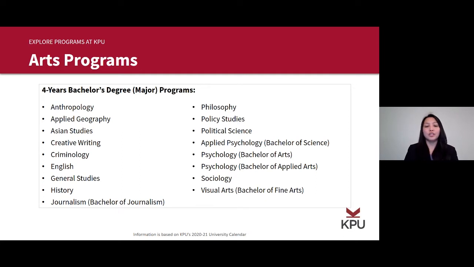And for students who would like to go into graduate school or would like to do some testing or research, a lot of the students might go for the Bachelor of Applied Arts in Psychology. And so the Bachelor of Science in here is more on how our cognitive system or our hormones affect us psychologically or emotionally. So that would belong under the Faculty of Business in Applied Psychology.